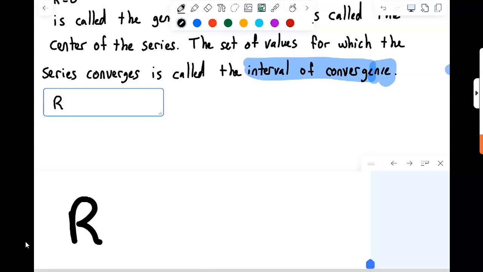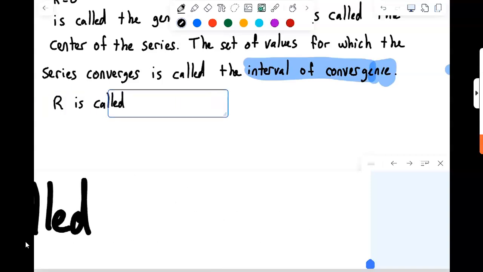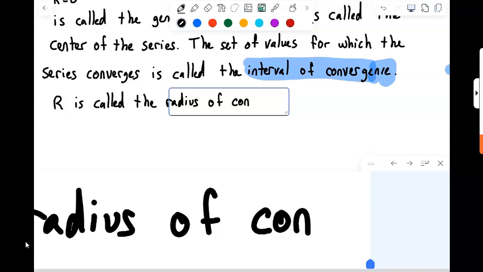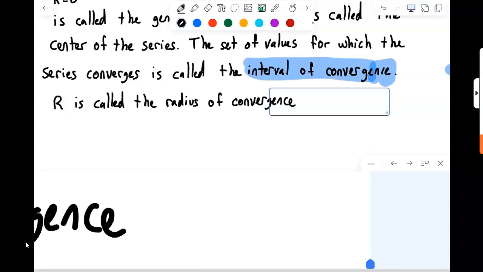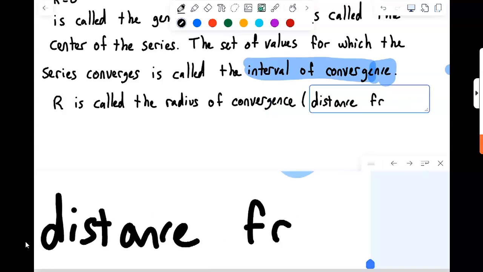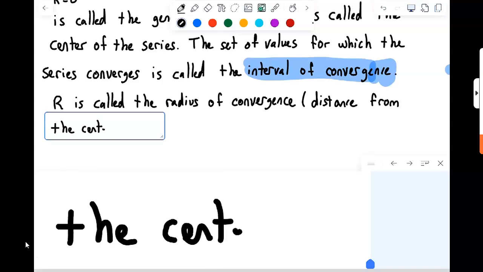Capital R is referred to as the radius of convergence. That is the distance from the center that it converges for.